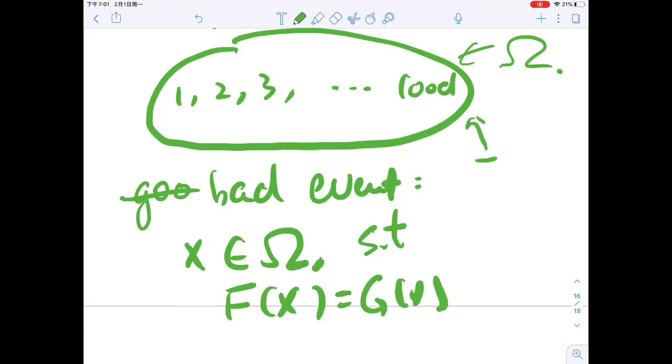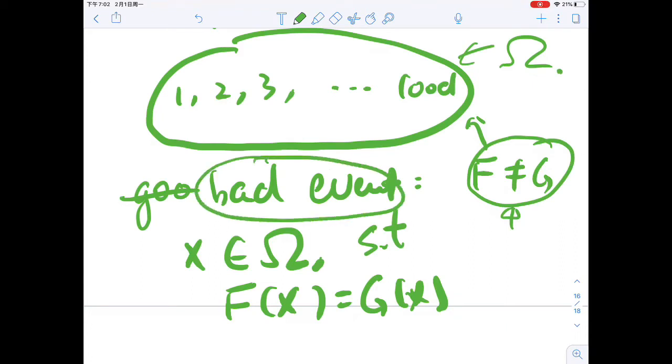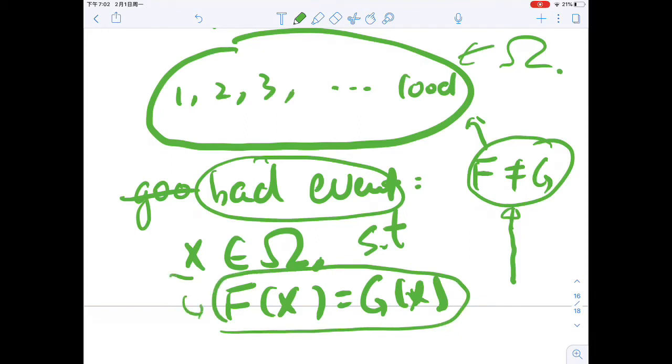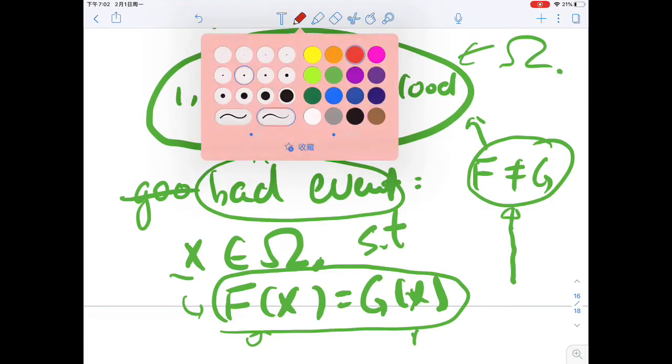We are under the assumption that f doesn't equal g, otherwise our testing is trivial. The more difficult part is the case where f doesn't equal g. A bad event means that despite f not equaling g, somehow this x passes our test. This is the definition of a bad event.